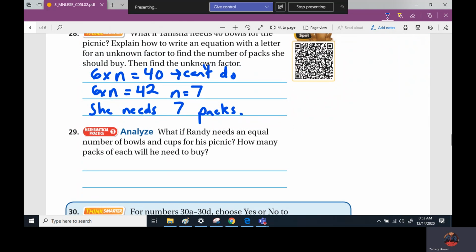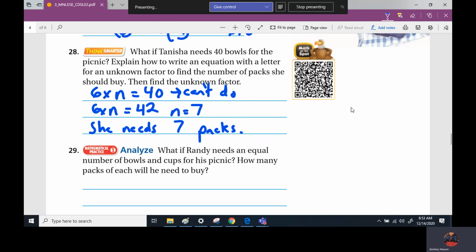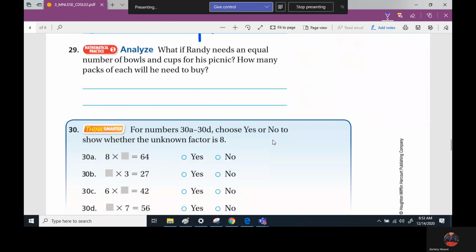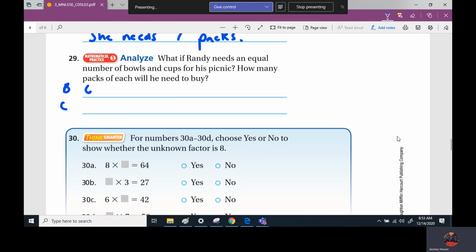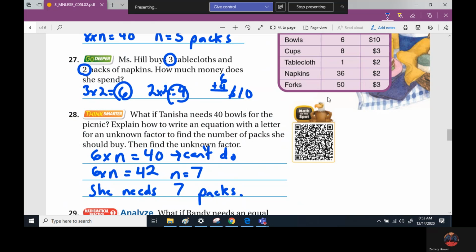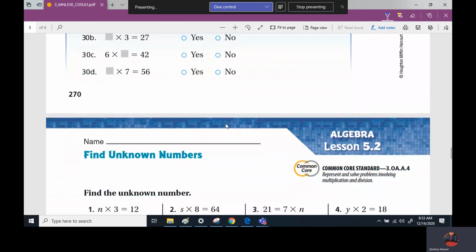What if Randy needs an equal number of bowls and cups for the picnic? How many packs will he need to buy? So Randy needs an equal number of bowls and cups. Bowls come in 6 and cups come in 8.